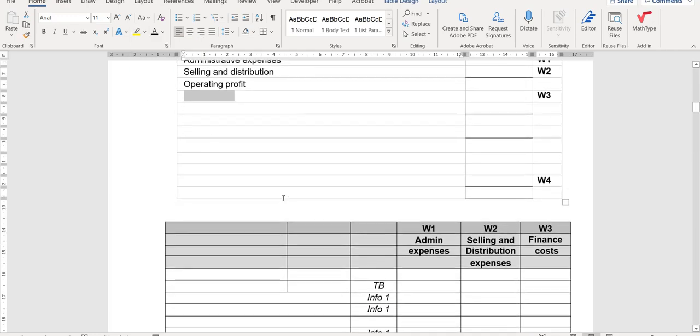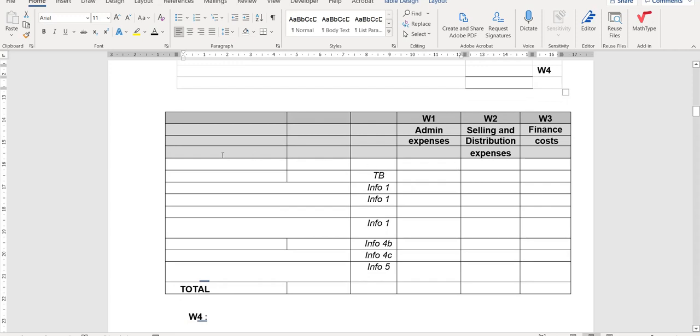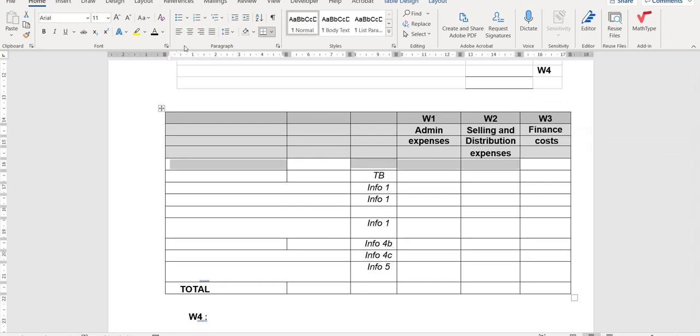But we start off with selling and admin first. So for selling, first you go and take the one as per the trial balance. The one as per trial balance was 856,460 for the selling, and for the admin was 1,250,650.